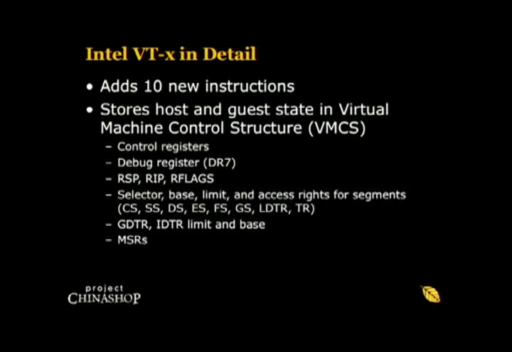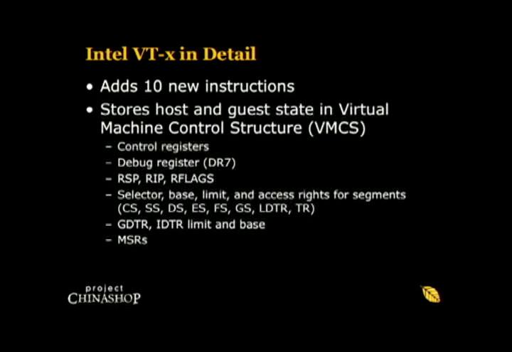So how does Intel do this? They added 10 new instructions and a data structure called the virtual machine control structure. Like I said earlier, the VMCS contains all the OS-visible state of the processor. So we have the control registers, debug registers, instruction pointer, stack pointer, flags, all the segment registers, and a selected list of machine status registers.